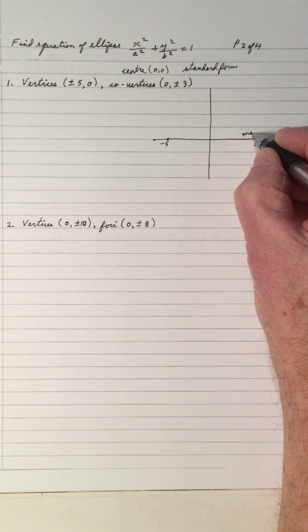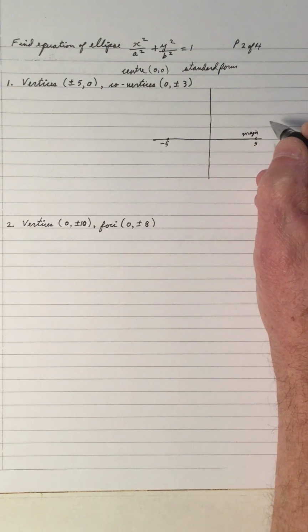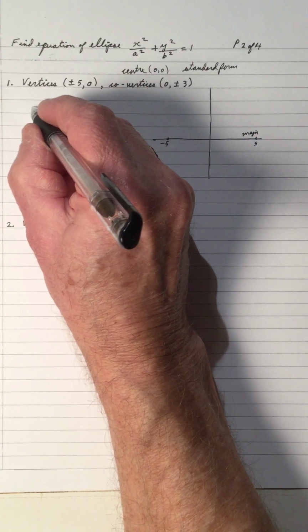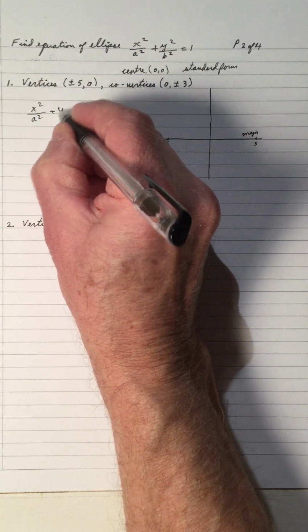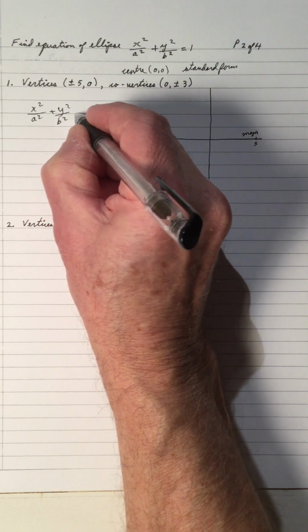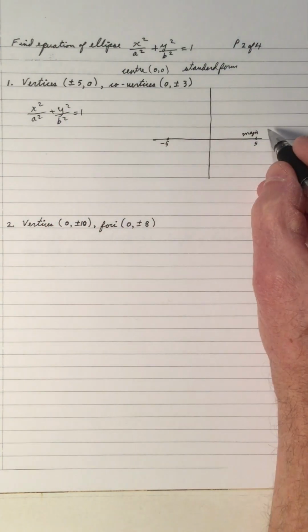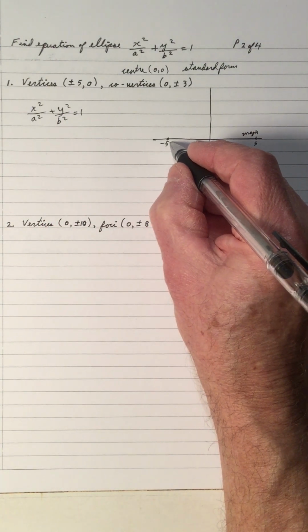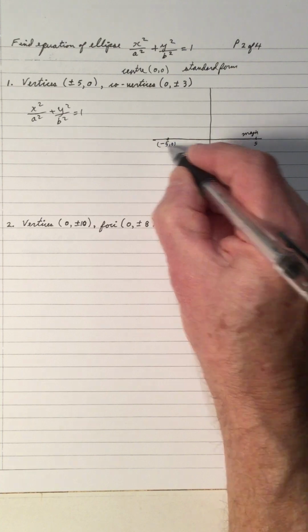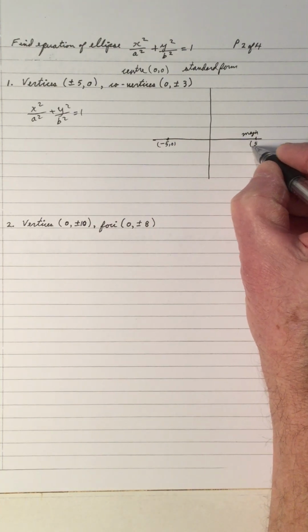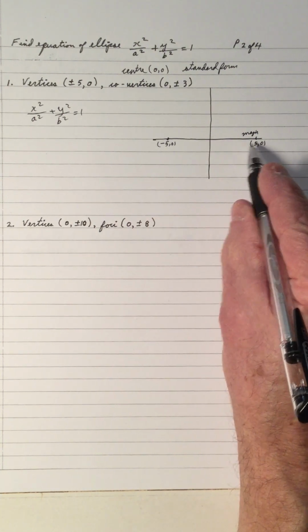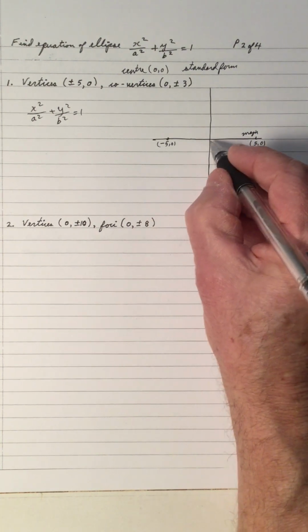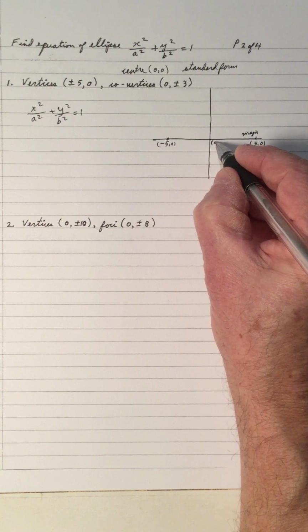This is the major axis, so the major axis is horizontal, and we have x squared over a squared plus y squared over b squared equals 1. To get the midpoint, we add them up and divide by 2, so the center is the point 0, 0.